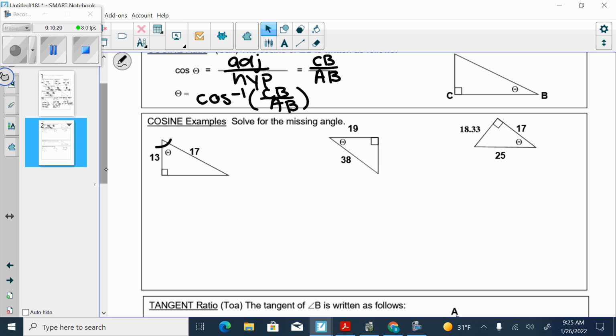So here's my unknown angle. So I'm looking for cosine of theta, and it is equal to adjacent over hypotenuse. What's that for us? Good. And if I want to solve for theta, what should I do?